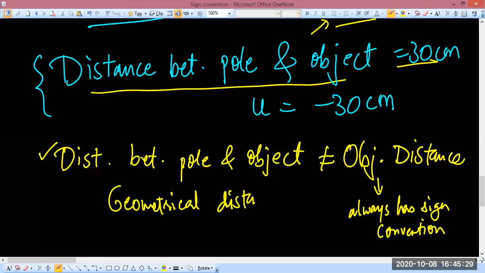You understand the meaning of the word geometrical distance, right? This is a geometrical distance.